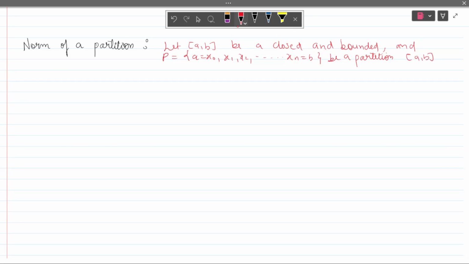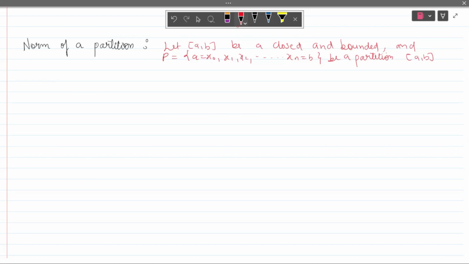Now, as we all know, the partition divides the interval into subintervals. How many? n subintervals.